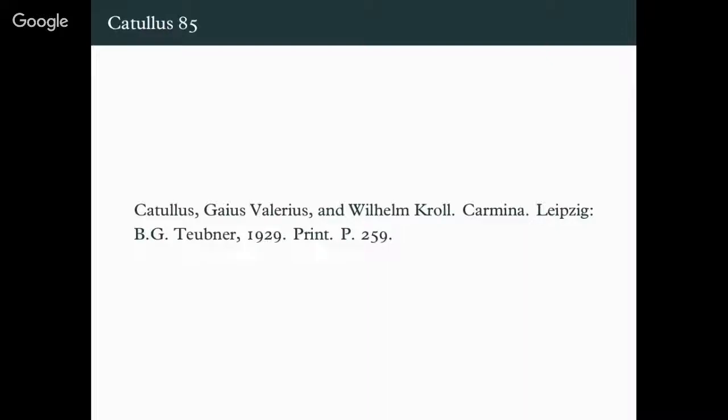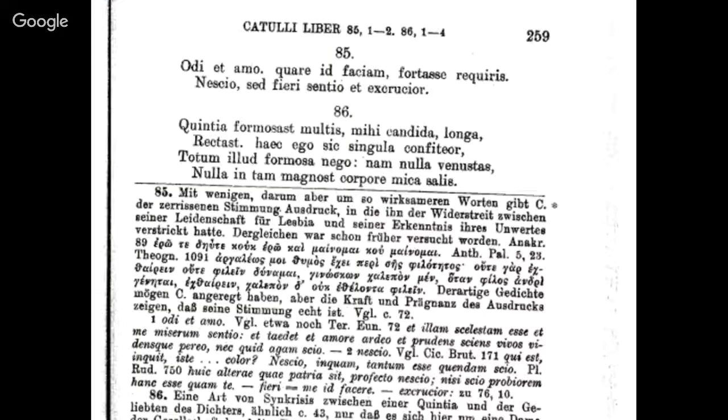So if we jump 100 years onward in time, and look at another scholarly edition, by Ludwig Kroll this time, an edition which is still used in German classrooms and still reprinted, you will see that the form has not changed much. Now, in this edition, there is no subtitle, there is no Latin paraphrase, but there is again the comment in German, which starts with a literary interpretation, saying that Catullus uses few words, but they are a powerful expression of his divided feelings.